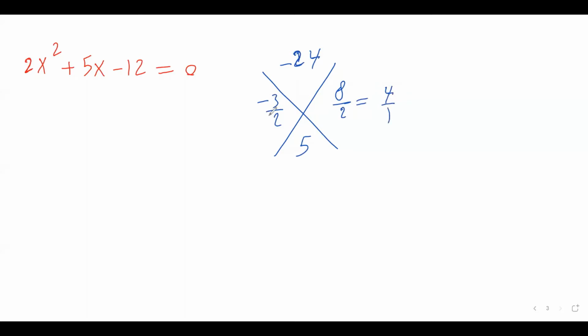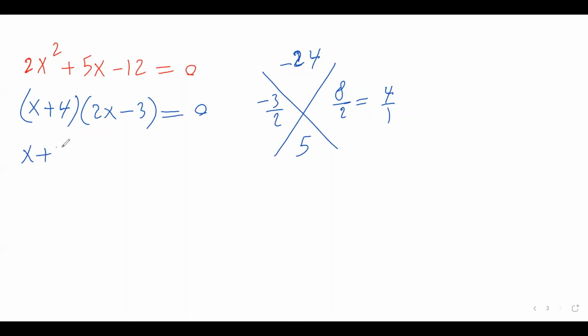And I can now simplify this further. And what are my factors here? My factors are 1x plus 4. So I don't need to write the 1, so just write x plus 4. That's one factor. And my next factor is 2 times x, so 2x minus 3. That's another factor. And set this equal to 0. Now we set each of these factors equal to 0.